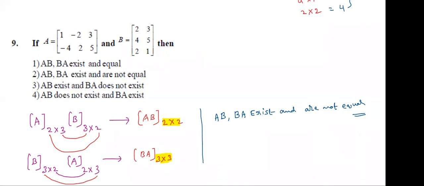This is a 2 by 2 matrix. This is a 3 by 3 matrix. When two matrices are equal, the two matrices have the same order and the corresponding elements are equal. Here the order is different. How can we say that the two matrices are equal? So multiplication exists for AB and BA, but both are not equal.